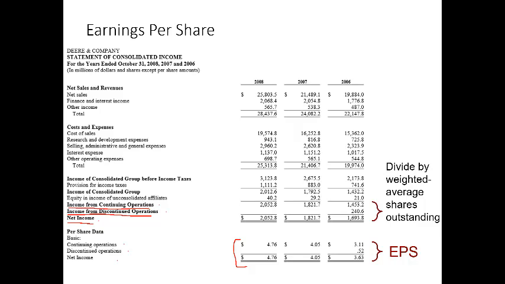So that's the basic calculation, knowing that if you have discontinued operations, it's presented for continuing operations, discontinued operations, and overall net income. If you don't have any discontinued operations, you would just have one line for earnings per share, for net income. So make sure you know how to calculate a basic earnings per share number. It's these values divided by the weighted average number of shares outstanding.